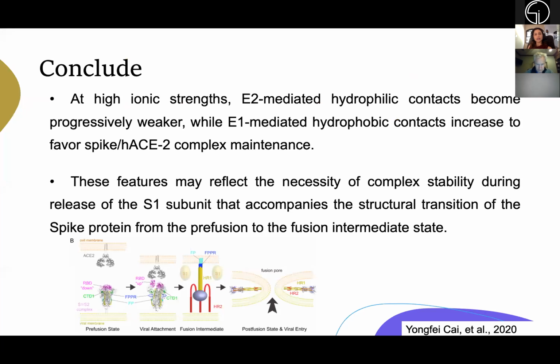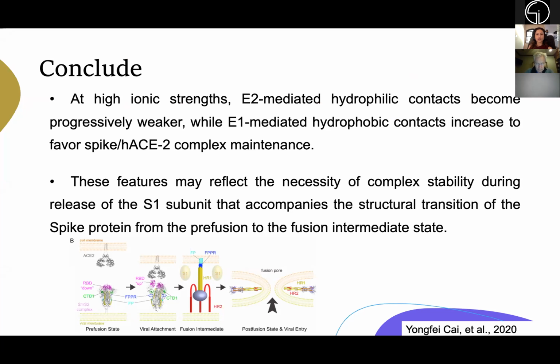It's amazing. So what we can conclude at the end of this part of the talk is that at high ionic strengths, E2 mediated hydrophilic contacts become progressively weaker, while E1 mediated hydrophobic contacts increase to favor the complex maintenance.